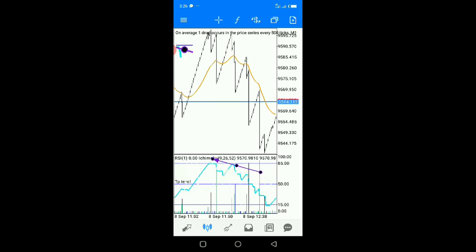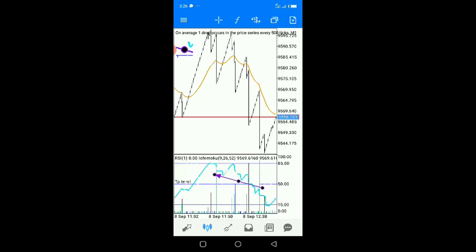You get it? The Ichimoku must touch the 85 RSI level, and the market facilitation index must cross above the 50 RSI level.